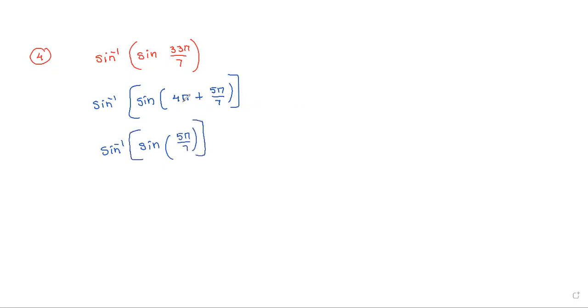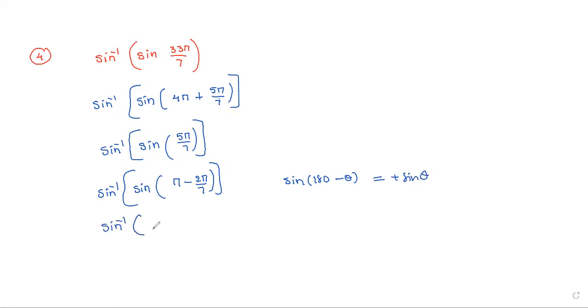Sine of 180 plus theta is handled likewise. Sine of 5 pi by 7 is also written as pi minus 2 pi by 7. Sine of 180 minus theta is sine theta. So sine inverse of sine of 2 pi by 7 is only 2 pi by 7. Okay? Right.